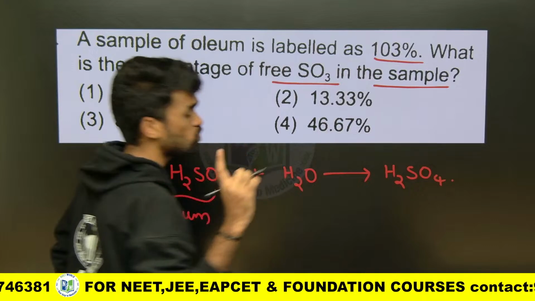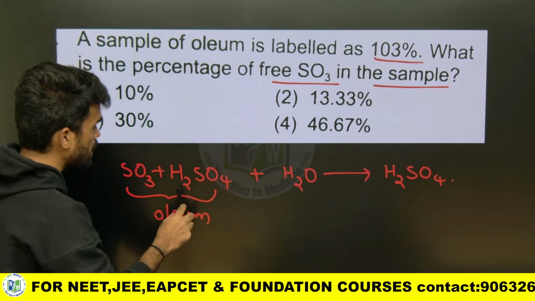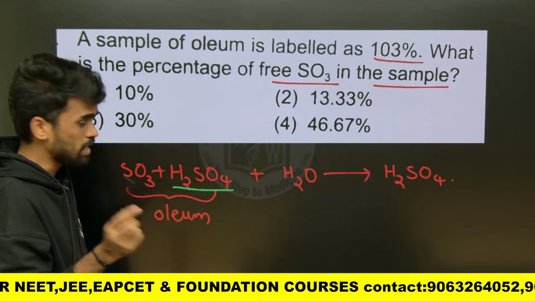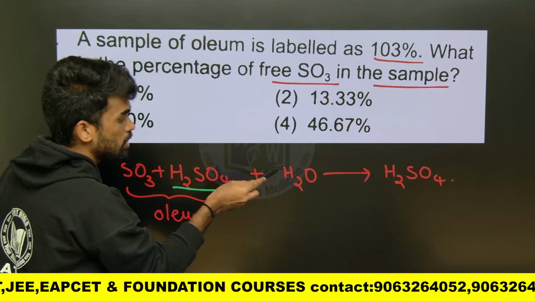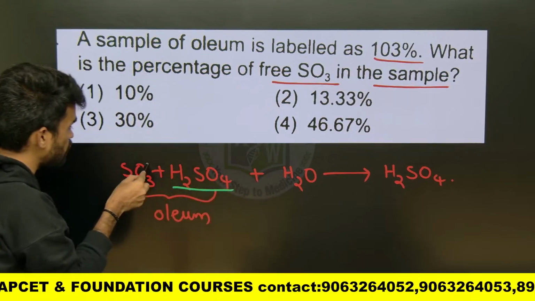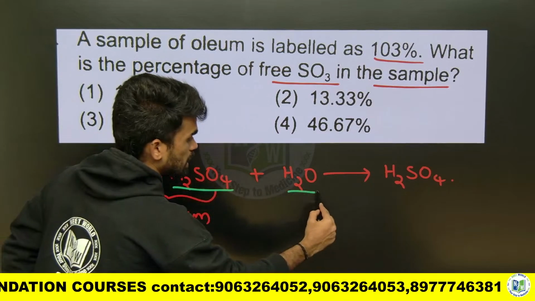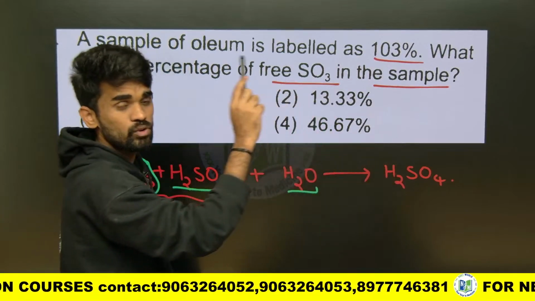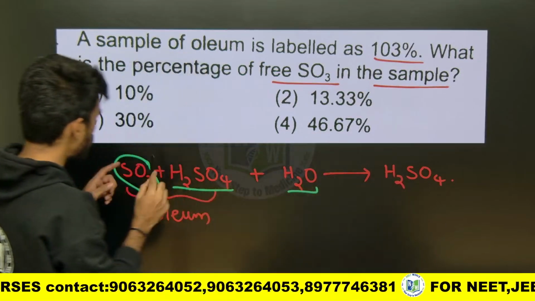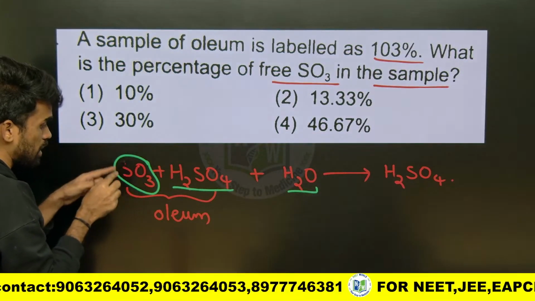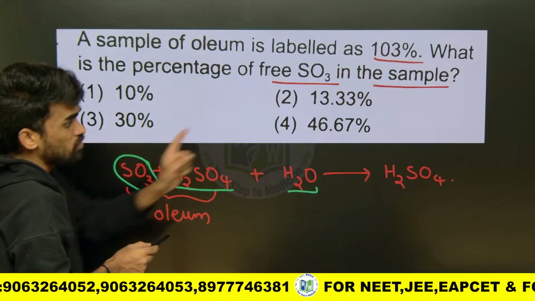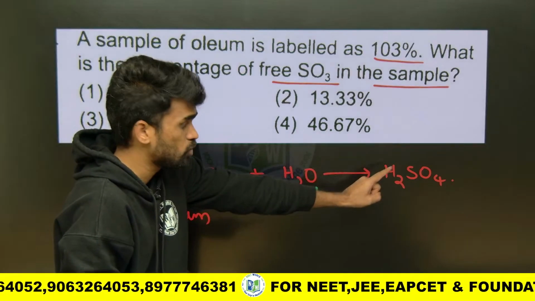What you need to understand is that we already have sulfuric acid here. This sulfuric acid will not react with water, but the sulfur trioxide will. This is the component reacting with water and converting into sulfuric acid, H2SO4. Whatever free sulfur trioxide is present will convert into sulfuric acid.